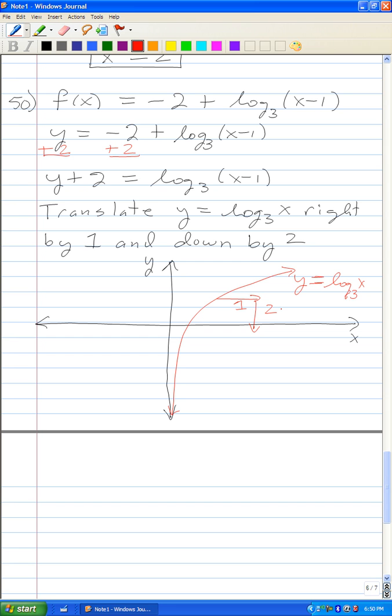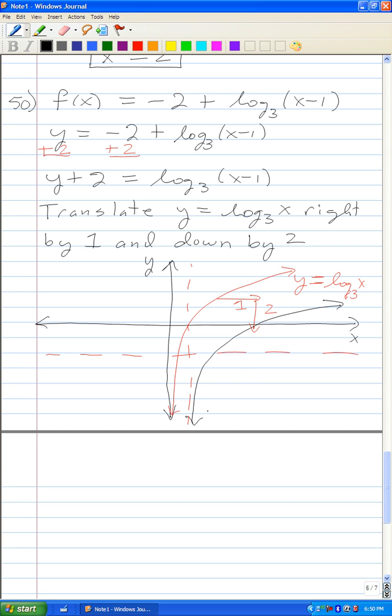And it's going to look something like that.